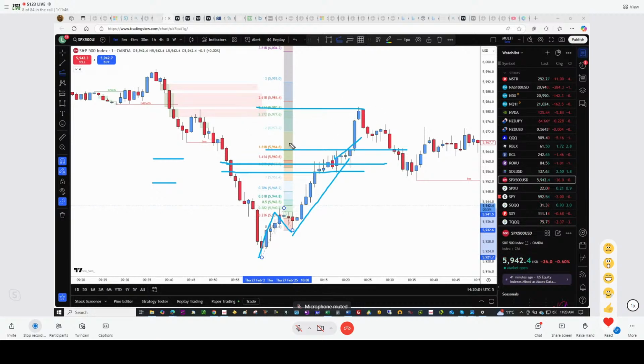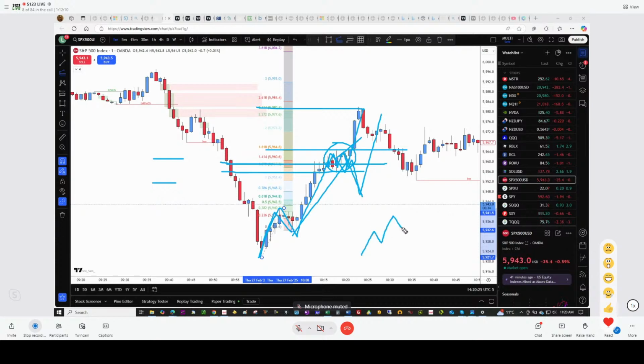You kind of want to think, maybe I'm good getting out in this area, because at this point it's the fourth wave, so they could have brought it back down before they came back up. You have to be really careful. It's a very quick fourth wave here, but they could have dropped it back.